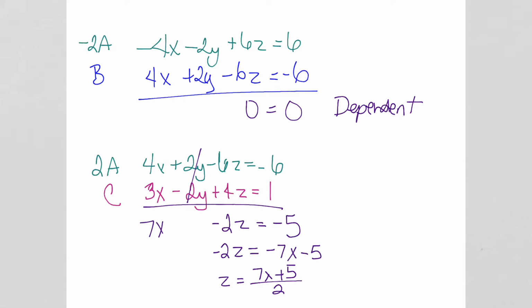Now we need to find something for y in terms of x. So we're going to take two of our equations and get rid of z. That way we can solve for y like we did here and be in terms of x.